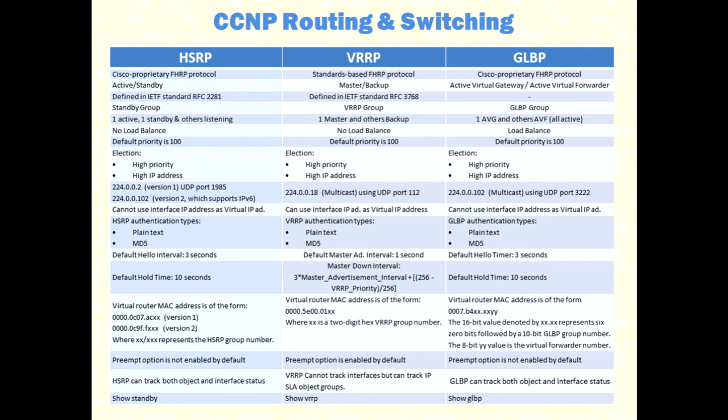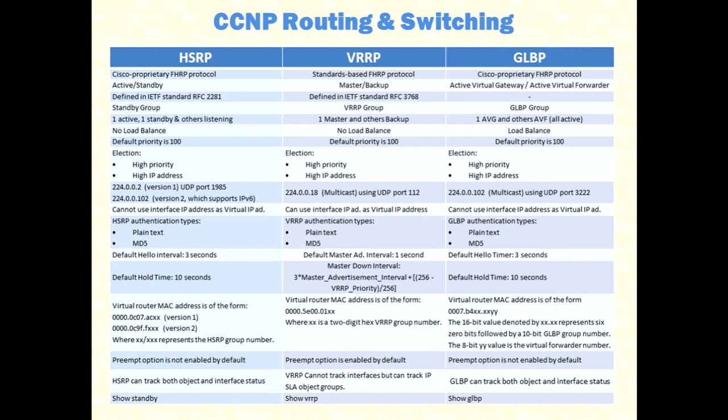For the VRRP, the virtual router MAC address is of the form 0000.5E00.01XX, where XX is a 2-digit hexadecimal VRRP group number.